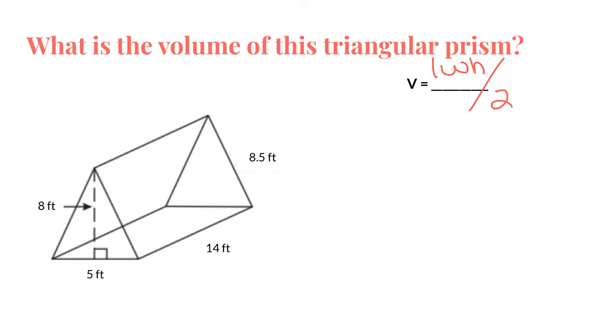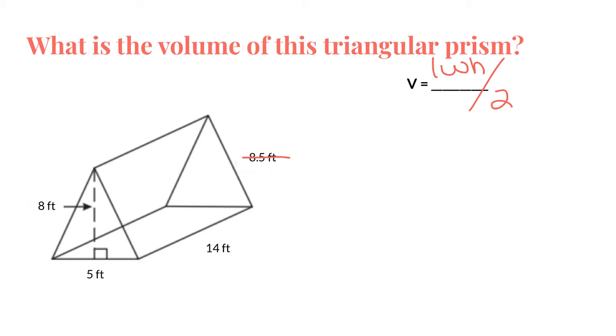Which number, since we have 4, is not used for the volume of the triangular prism? The 8.5. The one that is slanted on the triangle, we do not use for volume.